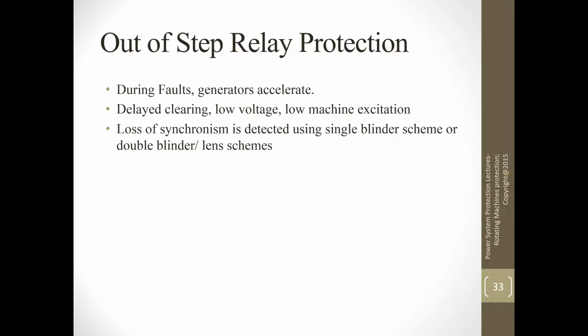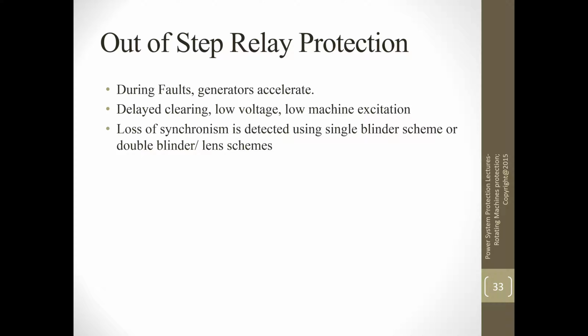When a fault is cleared, it tries to come back, but because of the high inertia of the machine, it may go out of step, and then it might slip a pole. So it is important to prevent the mechanical device from suddenly getting a jerk, which results in multiple pole slip.